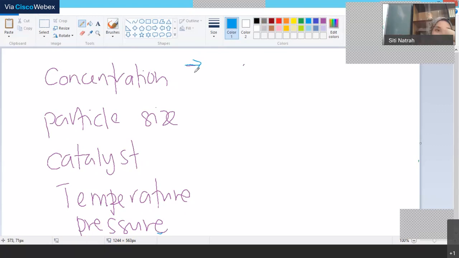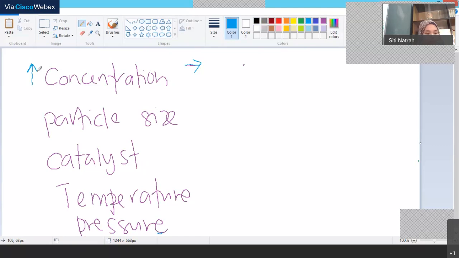So when the concentration increases, our rate of reaction also can be increased. So what is the keyword if you want to write in terms of kinetic theory? Let me write here. The keyword is when the number of ions per unit volume increases, you have to write down.